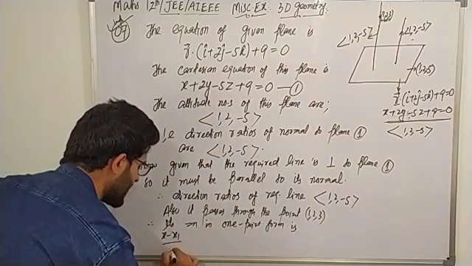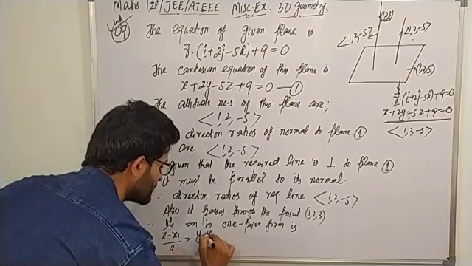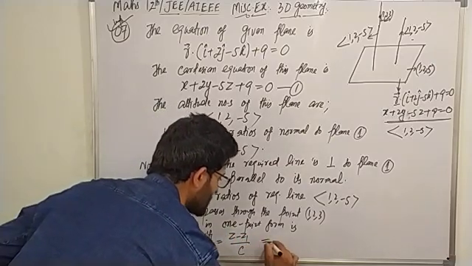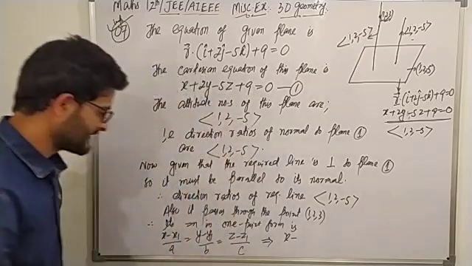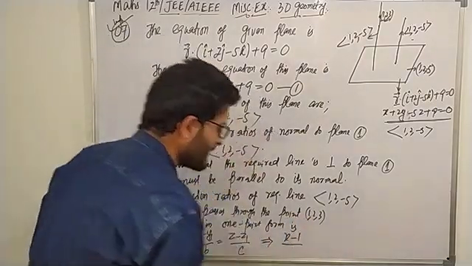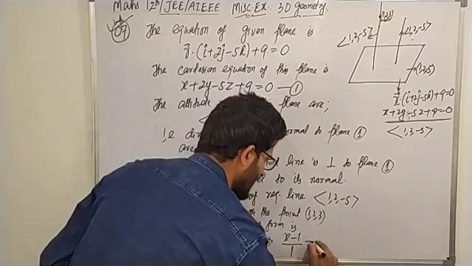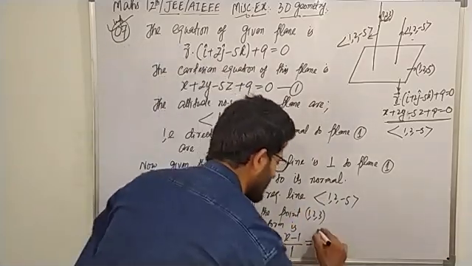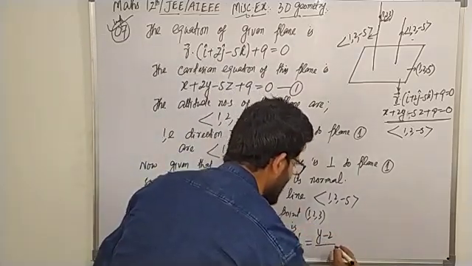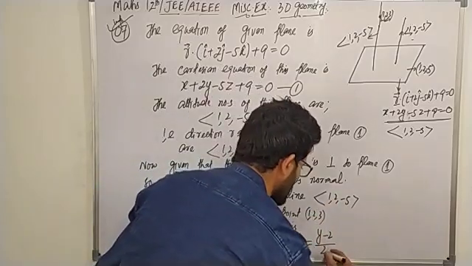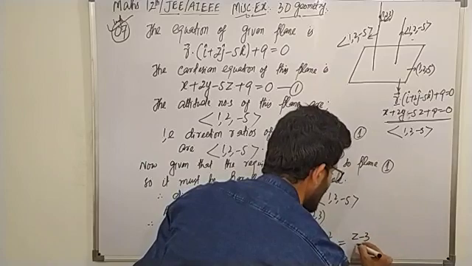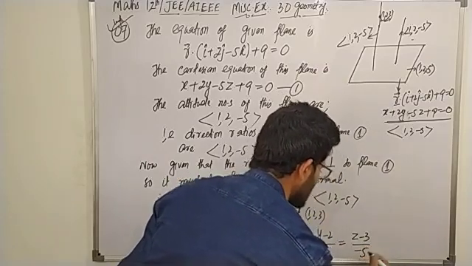x minus x1 by a equal to y minus y1 by b, and that's equal to z minus z1 divided by c, which implies x1 is the x coordinate of the point through which it passes, that is 1, divided by a is the first direction ratio, that is again 1, and that's equal to y minus the y coordinate of the point, that is 2, divided by the second direction ratio, that is again 2, is equal to z minus z1, that is z minus 3, divided by the third direction ratio, that is minus 5.